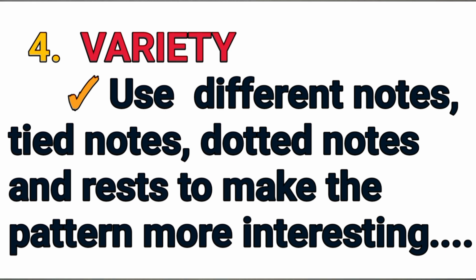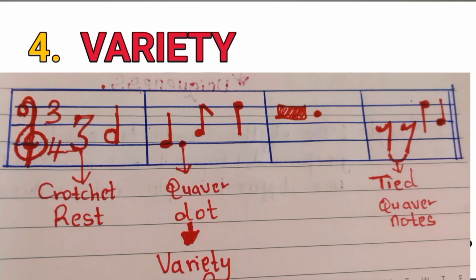So let's check on the example that I have used here to deal with the variety part of the quality. You can see the time signature that I have selected here is 3/4. 3/4 means in each bar we are going to have 3 beats of a crotchet.